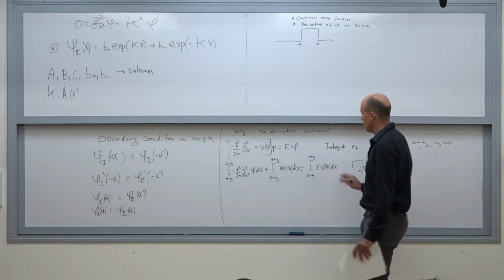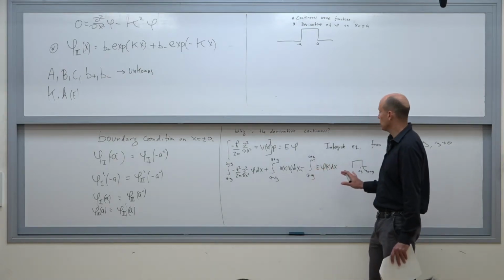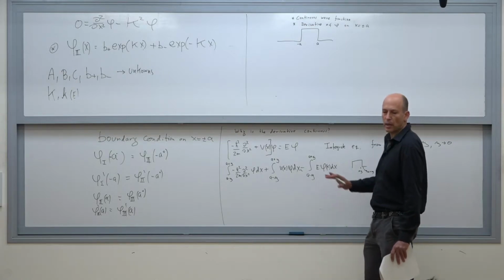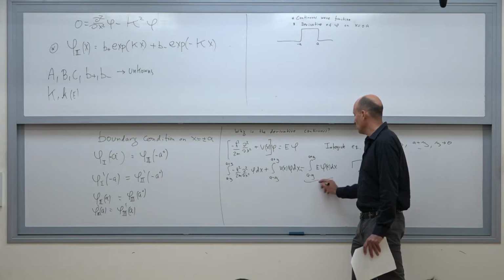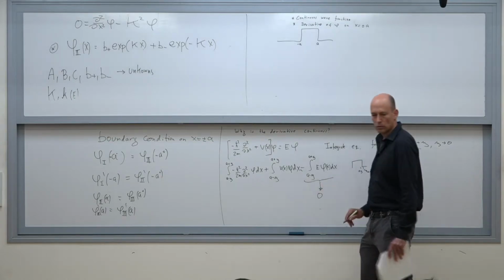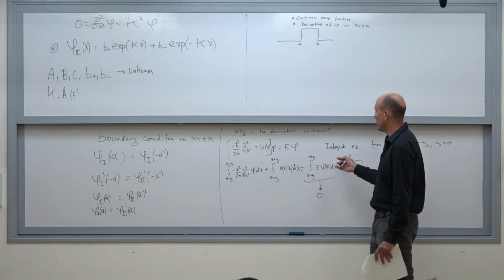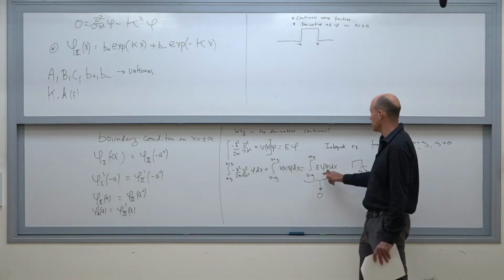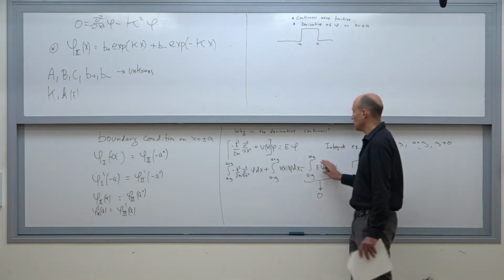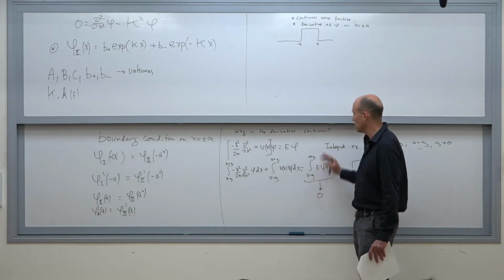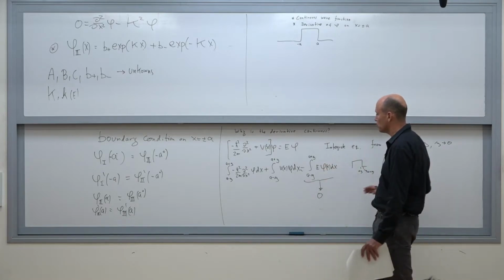Now, let us look at these integrals. The right-hand integral goes to 0 when eta goes to 0, because phi of x is approximately phi of a, times E, which is some number, times 2 eta. So this goes to 0 when eta goes to 0.